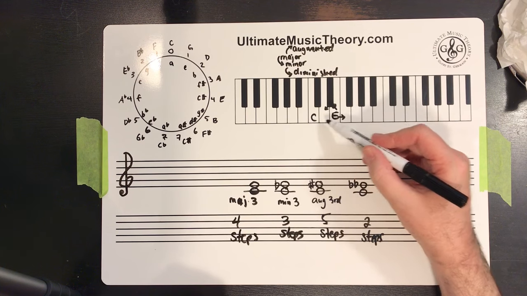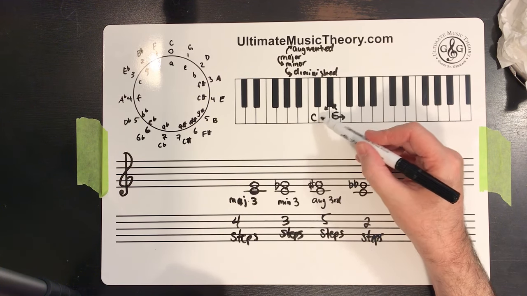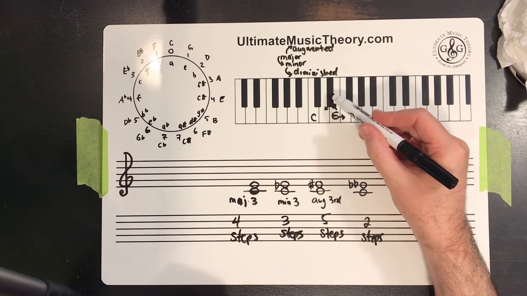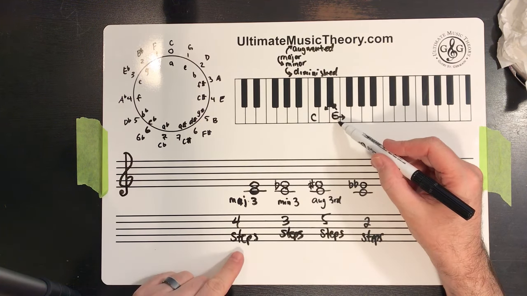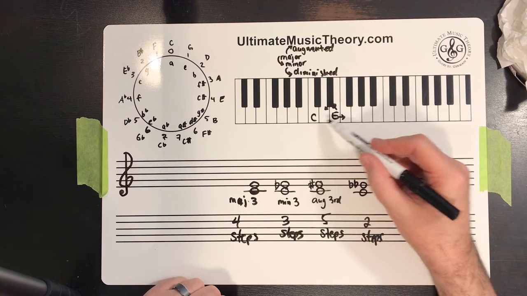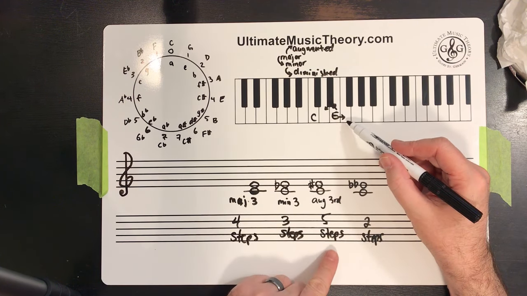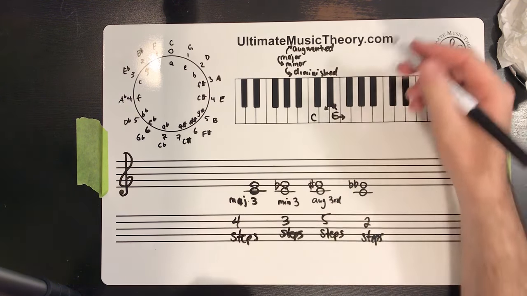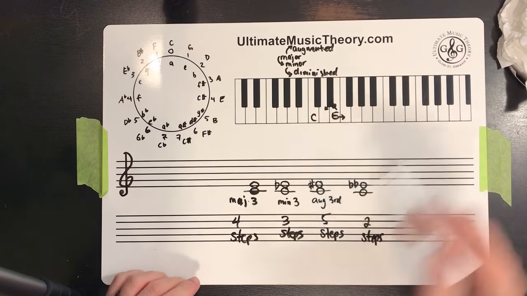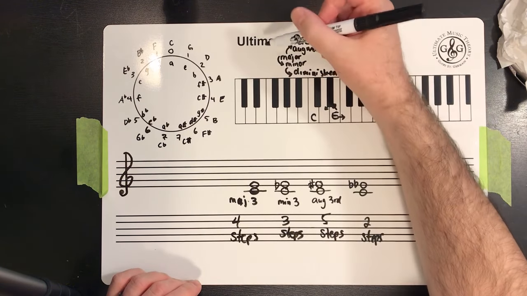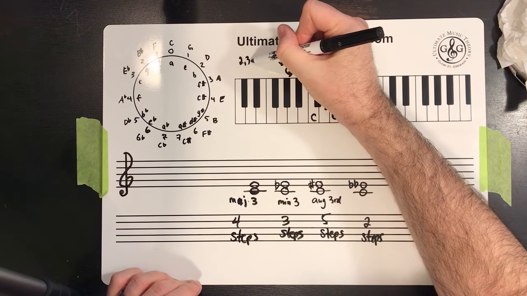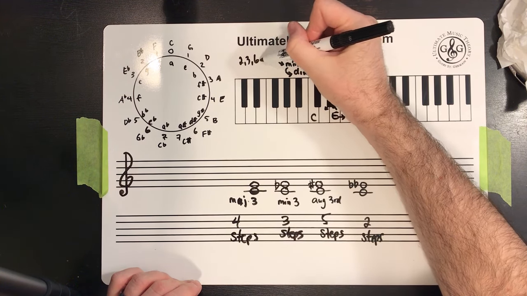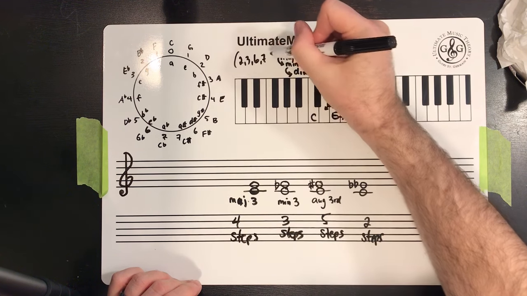So C to E double flat is diminished. C to E flat is minor. C to E is major. C to E sharp is augmented. Now, majors and minors are basically all about our second, third, sixth, and seventh.